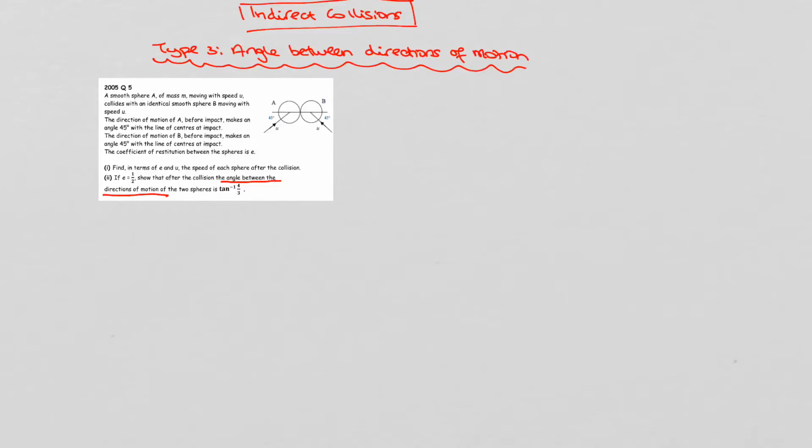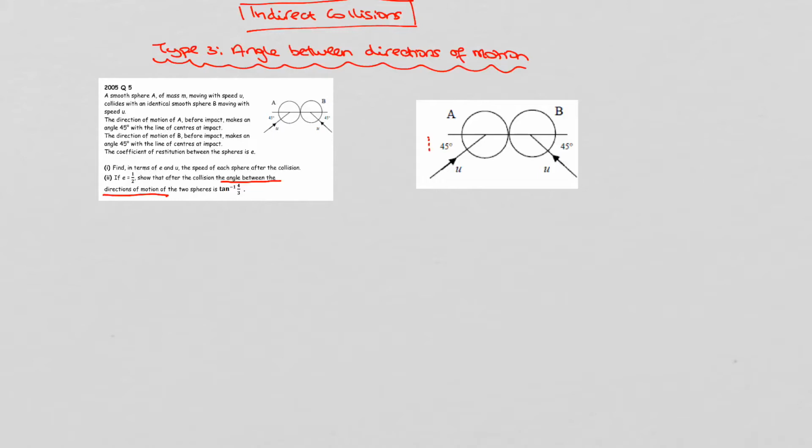Okay, so we're going to start by setting up our table. To do this, I'm going to add in the diagram. So we can see here, obviously, that if A is approaching from the left, then its J vector is in the positive direction, and its I vector is also in the positive direction.